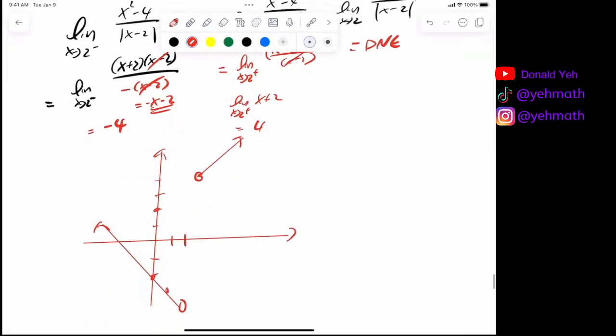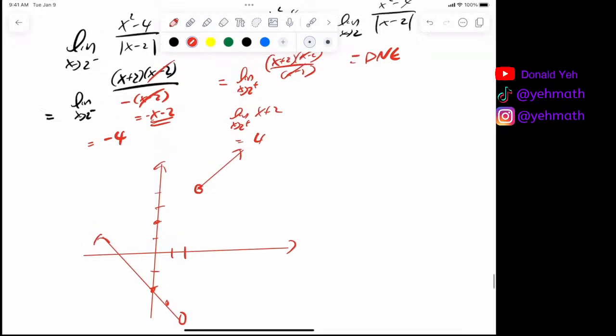If you graph this on a normal graphing calculator, it will come out like this. But then you say, how do I graph it? I just graph negative x minus 2 when x is less than 2, and I graph x plus 2 when x is greater than 2. And I'll keep an open circle on both ends. And therefore, this is called a jump discontinuity. Right? This is a very, very cool one.